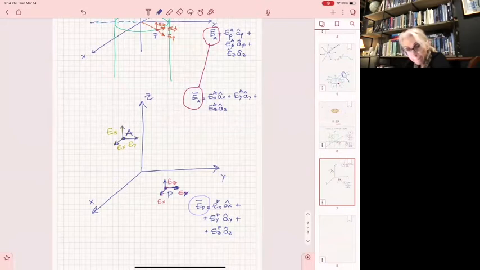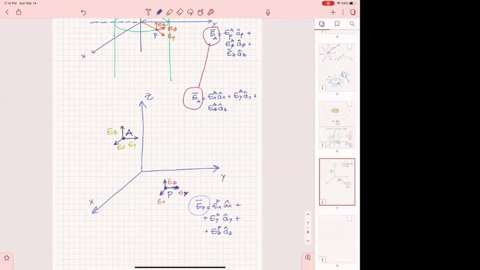Okay? So if A and P were to overlap, I could simply sum all of the X's, all of the Y's, and all of the Z's, and I can find the total field. Do you agree? If they were one on top of the other.